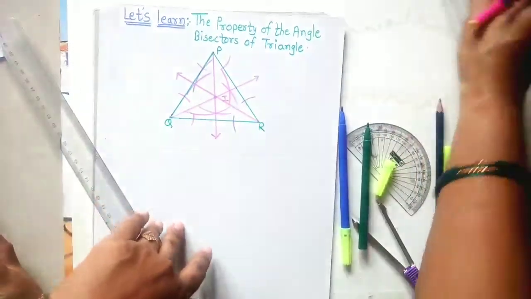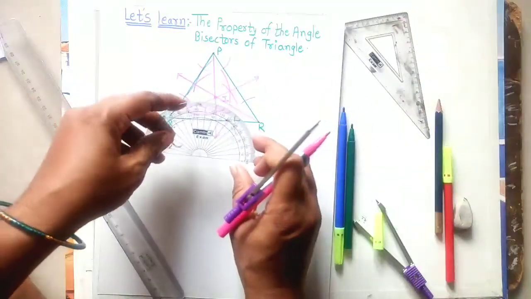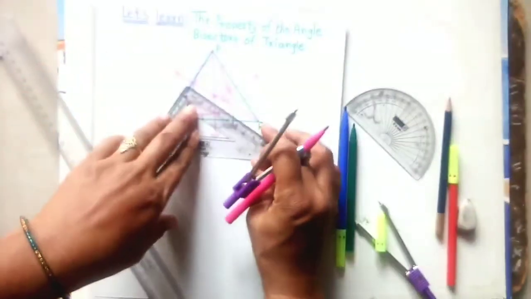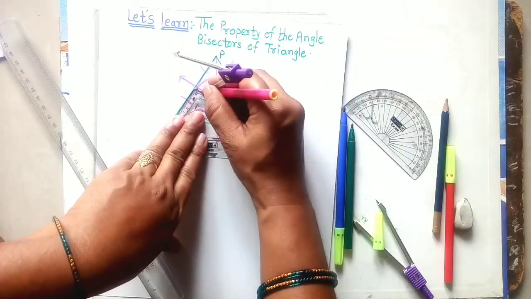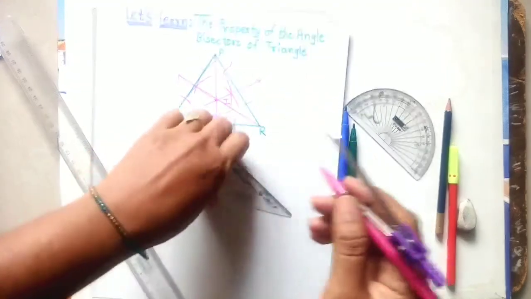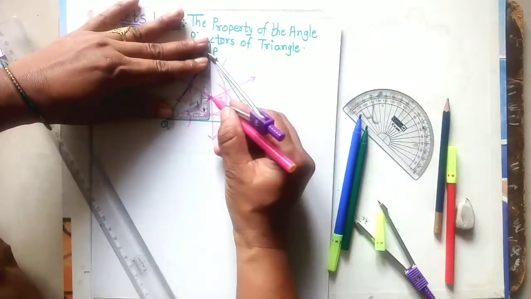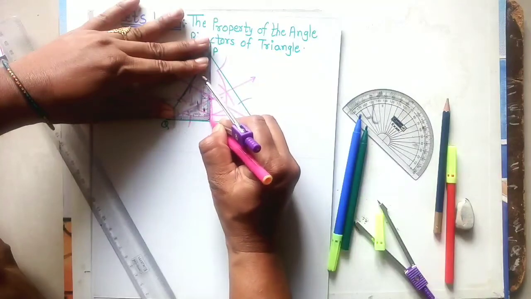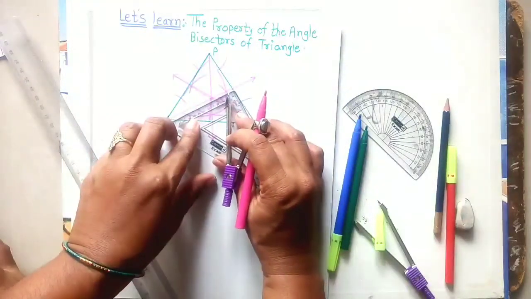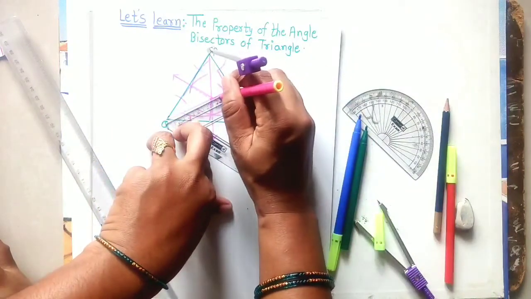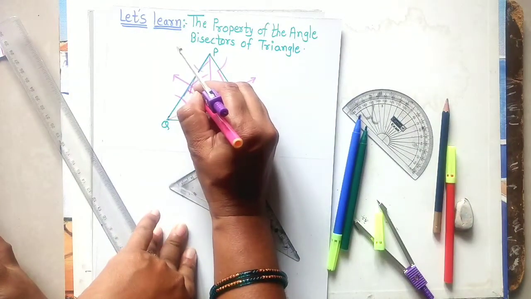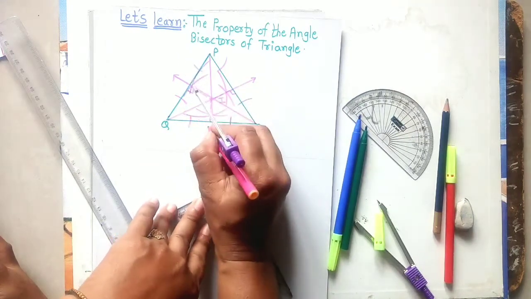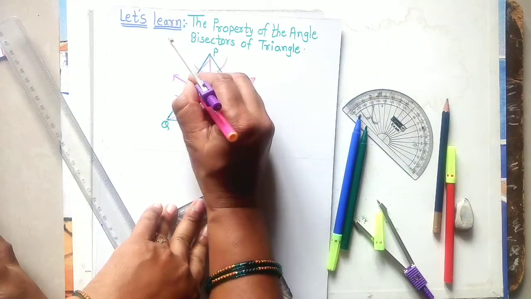Name the point of concurrence I. I draw perpendiculars from this point on the three sides, and name the points A, B, C.